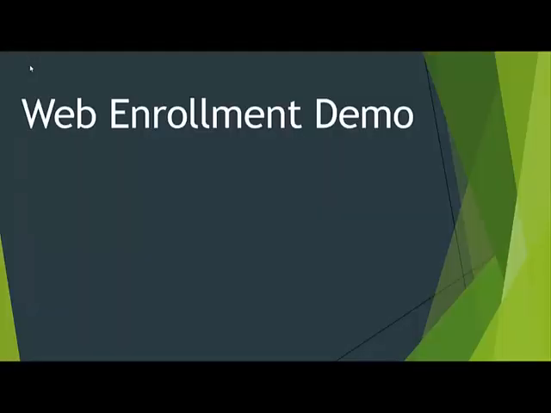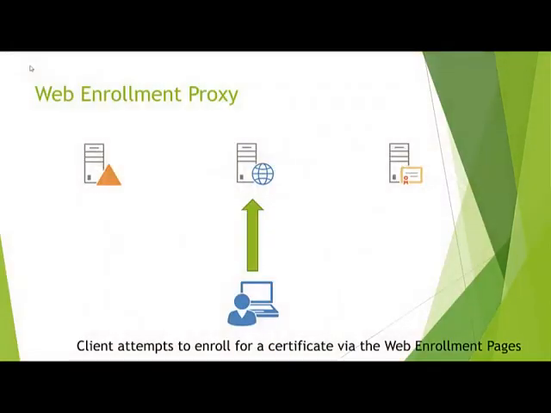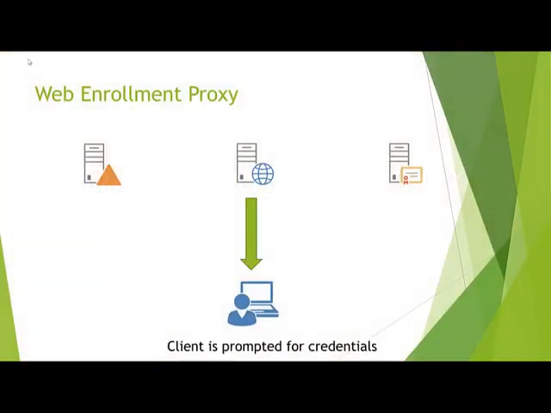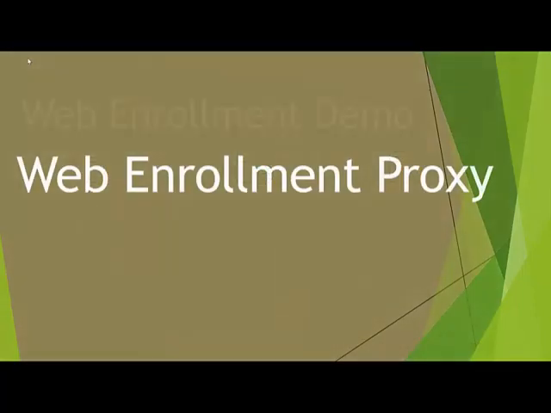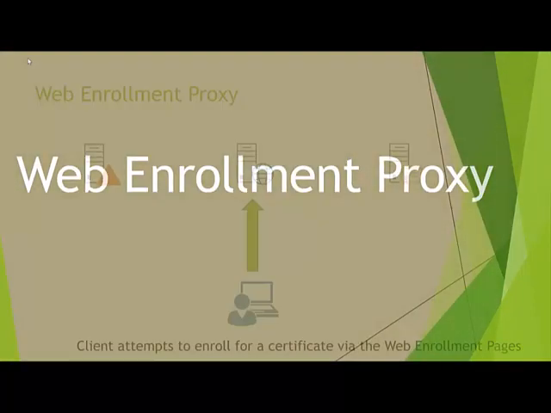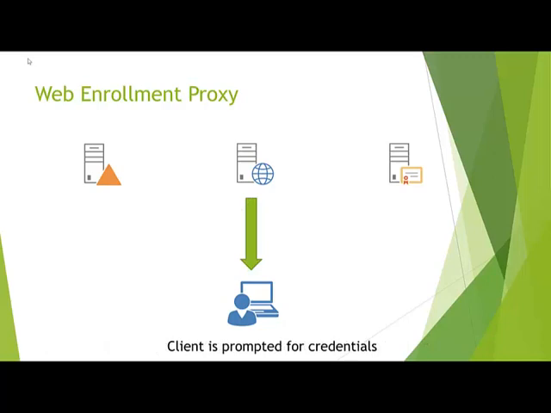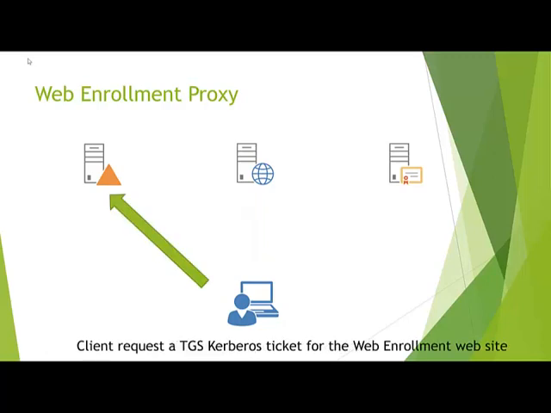So let's see what's next here. So this is the web enrollment proxy. Well, I kind of discussed this, but the web enrollment proxy is basically how it works if you install the web enrollment pages on a system that's not a CA, so this is kind of the flow of how that works. So you go to the web enrollment pages, you get prompted for credentials, you put in your credentials, the client requests a TGS Kerberos ticket for the web enrollment site.